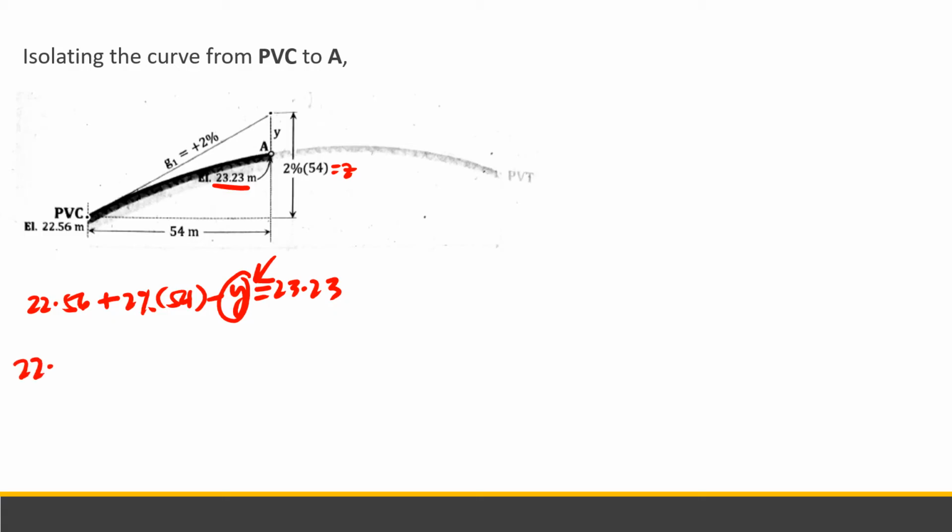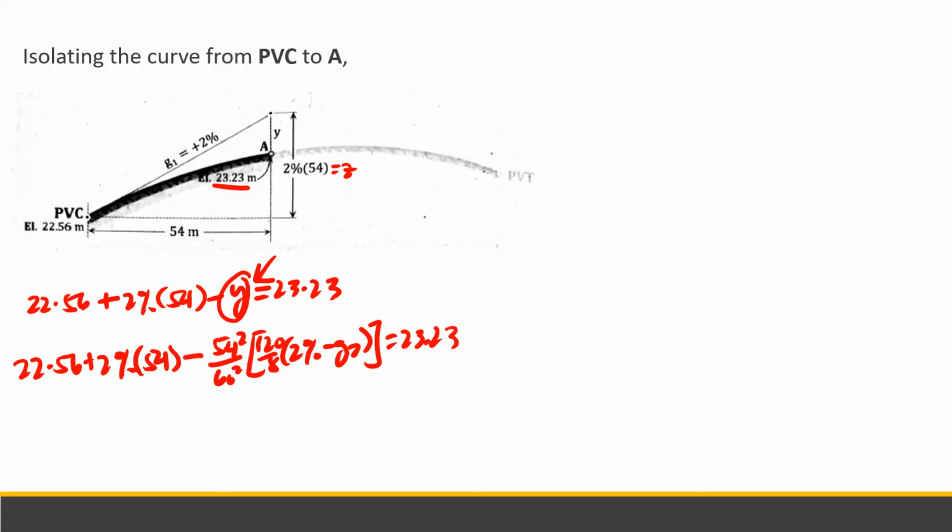So if we substitute the value of y from the previous slide, our equation will be 22.56 plus 2% of 54 minus, so y is 54 squared over 60 squared multiplied by 120 over 8, 2% minus G2, is equal to 23.23.